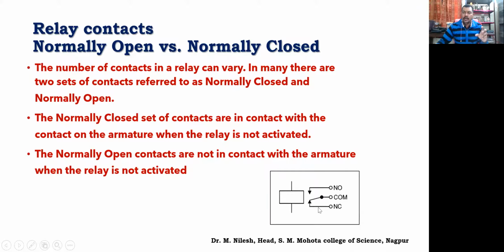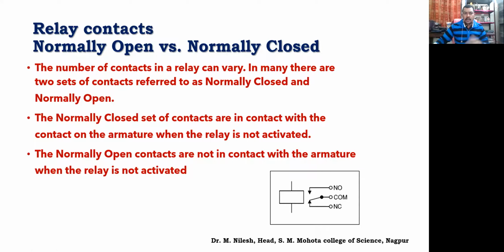The spring is over here, and whenever we apply voltage, we can break this, and it gets connected to the normally open contact, right? So we can use both ways. Both the NO and NC can be used as per your requirements. Whether you need to switch on or switch off, you can design accordingly.